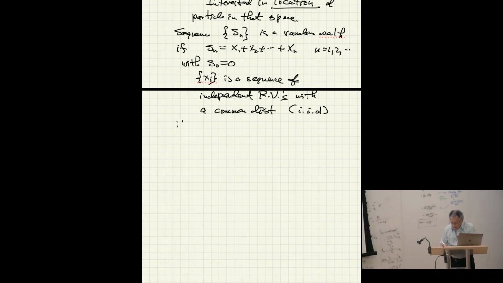Now, if the instants are discrete, then we say we have a discrete time random walk. And obviously, if it's continuous, we get a continuous time random walk.